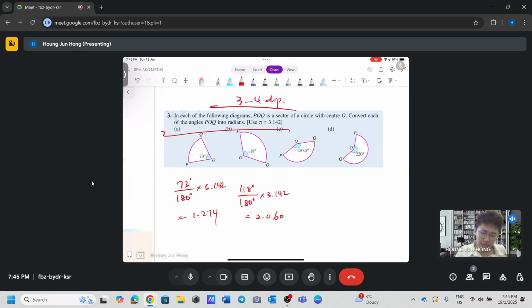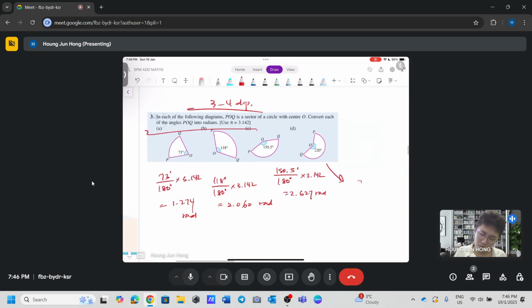So radian. Next one, 150.5 over 180 degree times pi. 2.627 radian. Lastly, 220 over 180 times 3.142. 3.840. Okay, that's it.